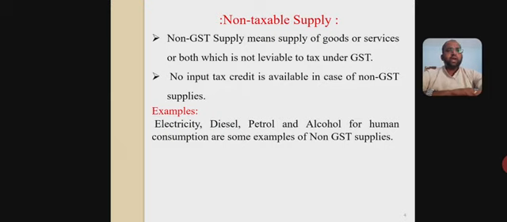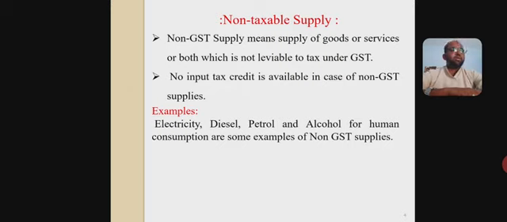Then no input tax credit is available in case of non GST supplies. Under the non taxable supplies, there is no input tax credit available. The best examples are electricity, diesel, petrol, and alcohol for human consumption.